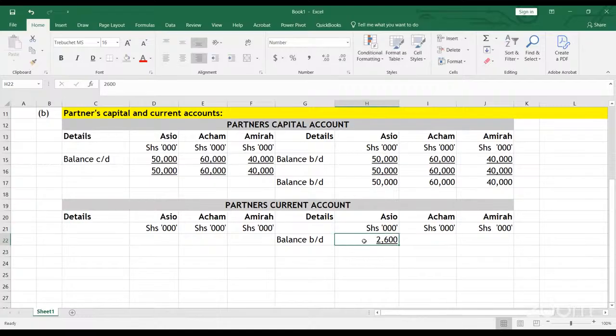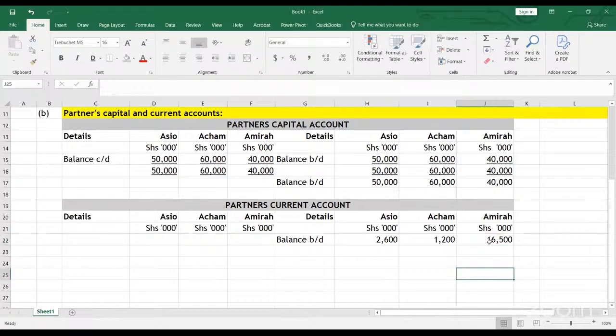Then ACIAM, 1,200. Then Amira, 16,500. Those are the balances.